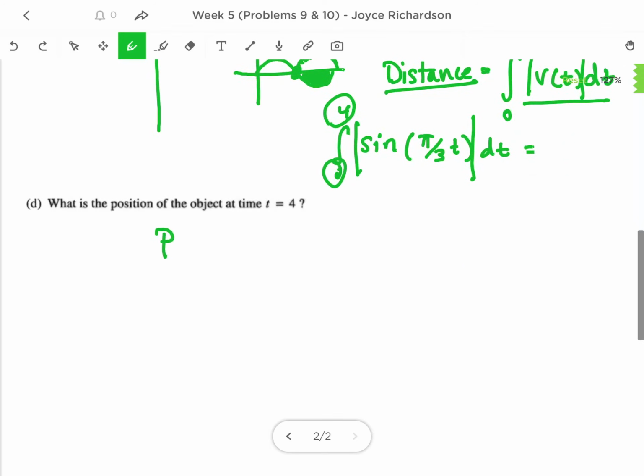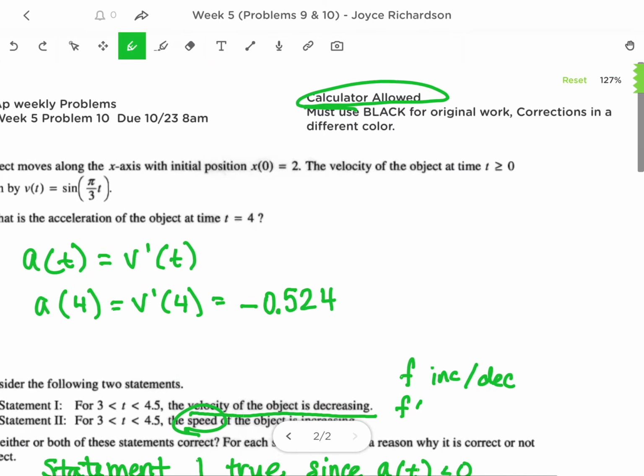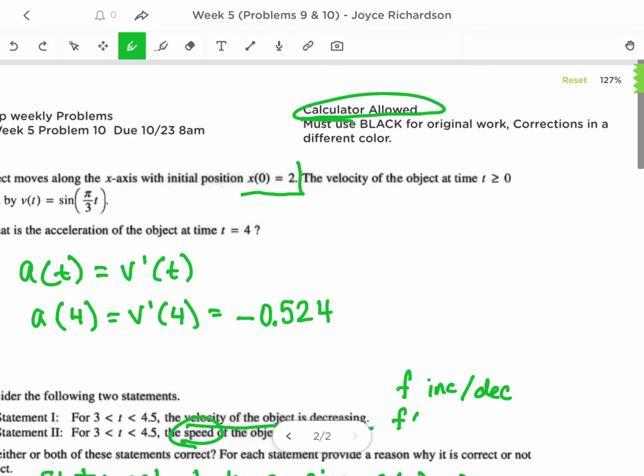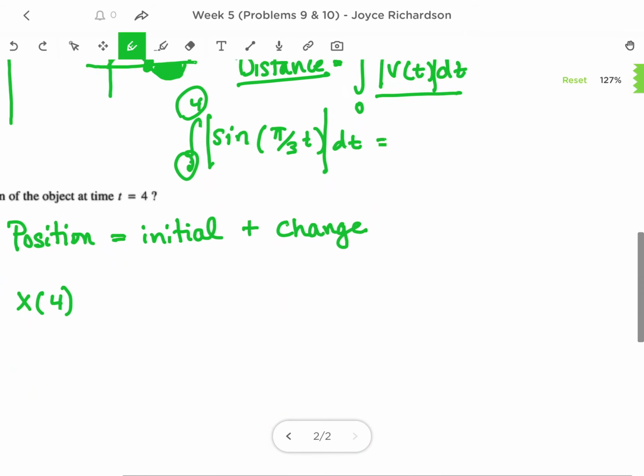Now, what is the position? Remember, position is equal to initial plus the change. We had a lot of people miss this. If I want to know at t equals 4, so that's x of 4, at the very top, the very first statement says x of 0 equals 2. That is your initial position.